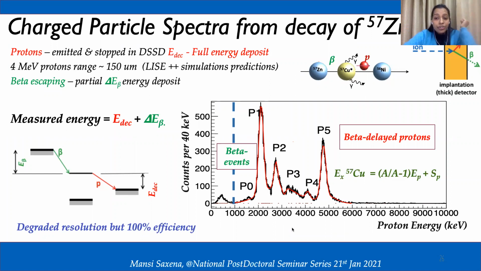This was collected for 10 half-lives after the 57 zinc implantation. So all the events below 900 keV are pure beta decay events, and everything above is beta delayed protons. We could identify different proton groups, which I have marked here on the spectrum.